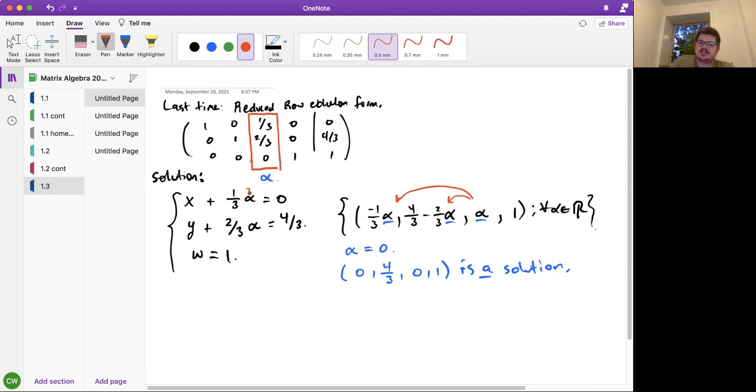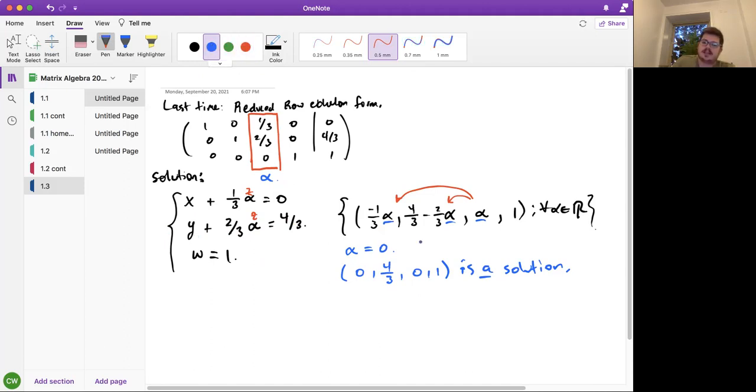Sorry, this is really z. And the second line says whatever y is, it must be 4/3 minus 2/3 of whatever z is. And z could be anything. So you can think of z as independent, and then x and y are dependent on z. And then w is just 1. It doesn't matter what z is.